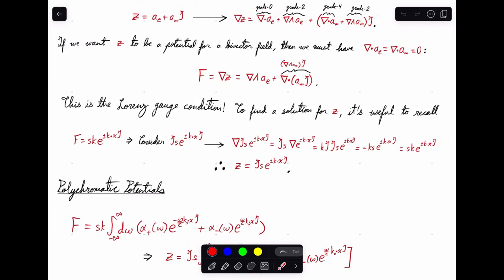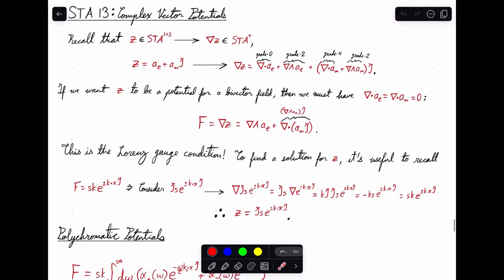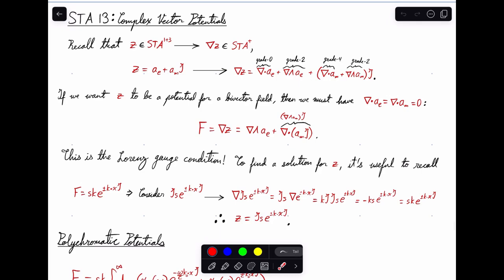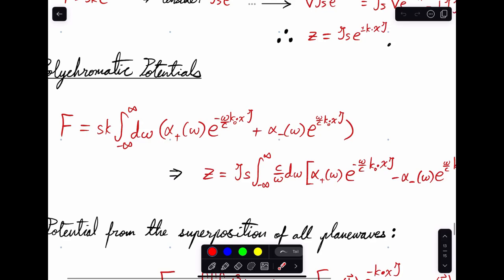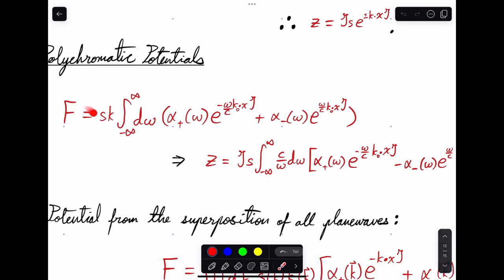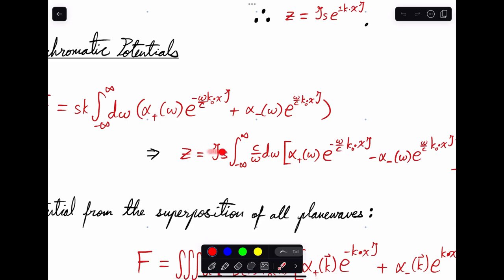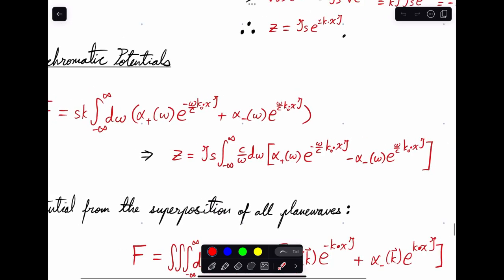But again, this is monochromatic, so it's not polychromatic. So let's move on to polychromatic potentials. If you have f, which is polychromatic here, then that implies that your z will be like this. The paper says that the gradient of alpha minus gives a negative sign, so there's a negative sign here for that.